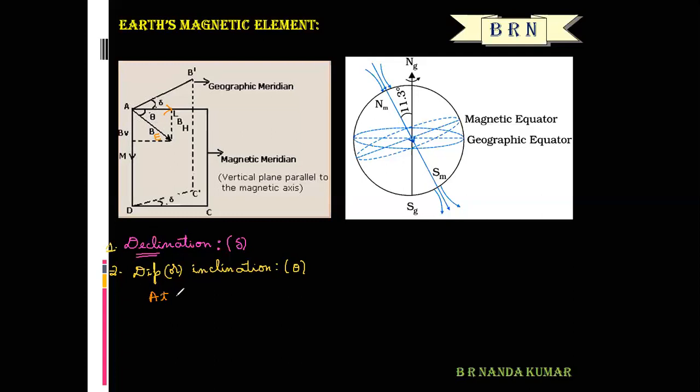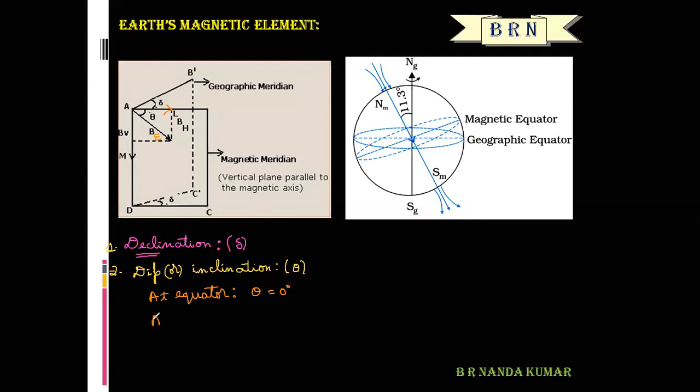At equator, BE is along the direction of BH. That means the angle made by B and BH at equator is 0. At equator, the value of dip is 0.